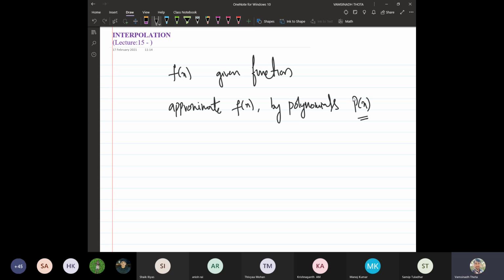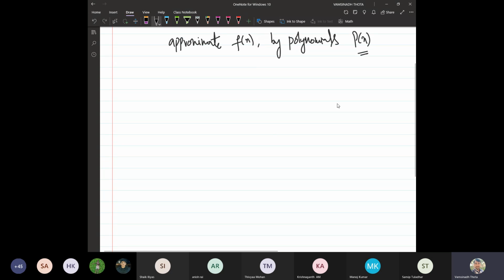So how will these approximating polynomials be helpful to us?